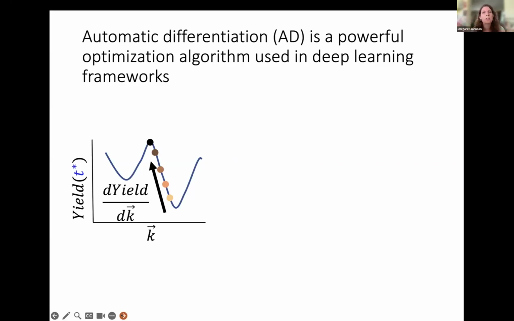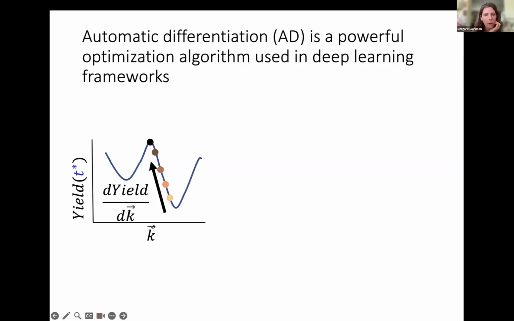Backprop allows you to train a neural network with hundreds or millions or billions of parameters very fast. Automatic differentiation allows you to train any algorithm with however many parameters very efficiently. It doesn't have to be a neural network. It just matters that the algorithm, in our case numerical integration, has each step be differentiable.